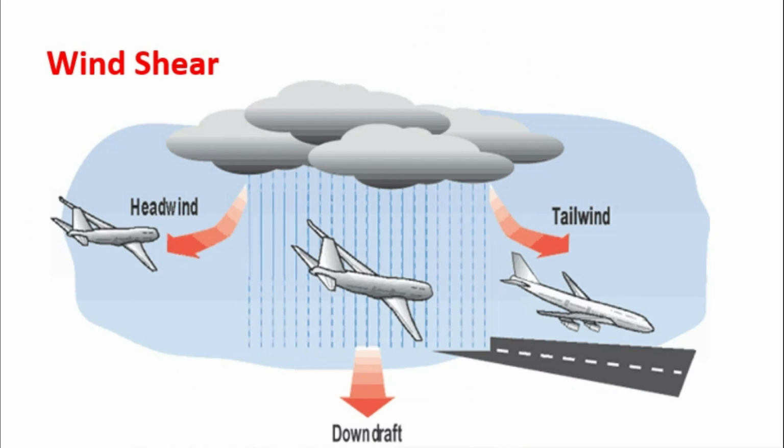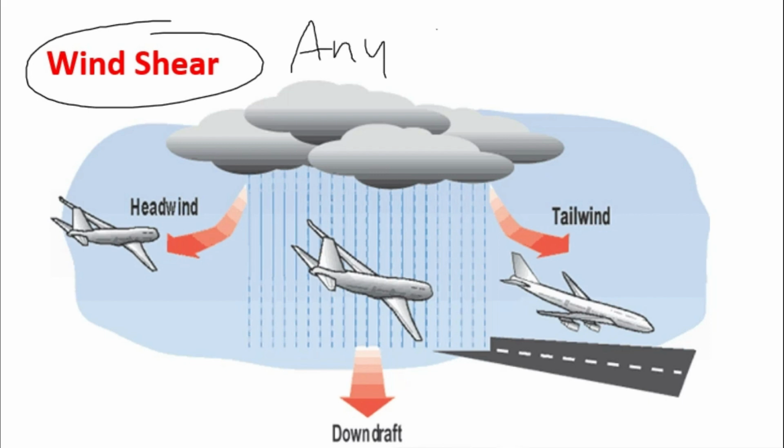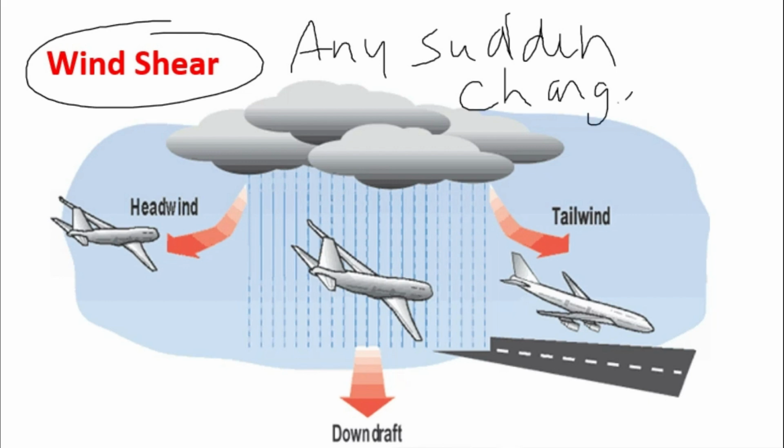That leads to another vocabulary term that's associated with microbursts and downbursts, and that's this idea of wind shear. Wind shear is any sudden change in direction of wind.